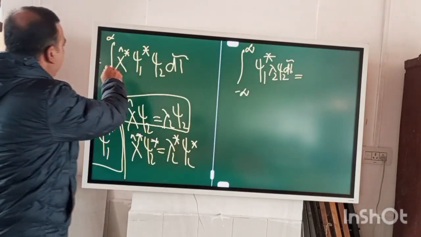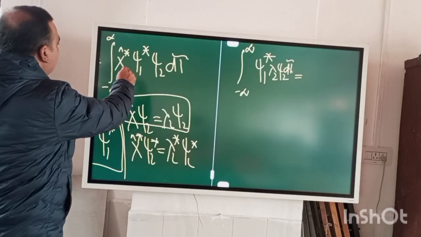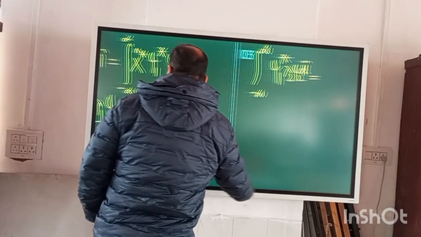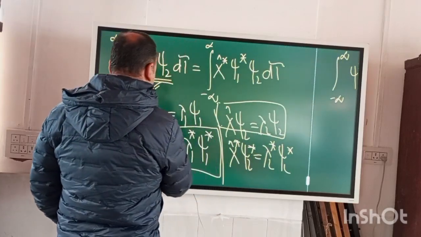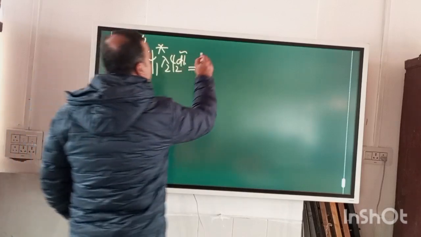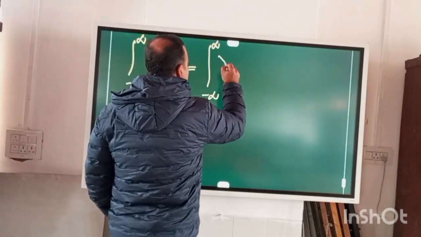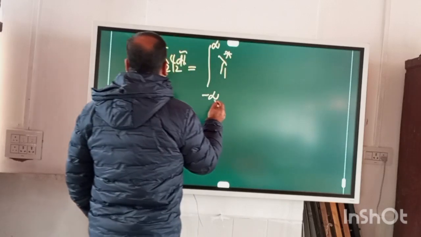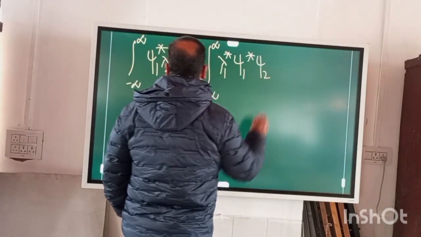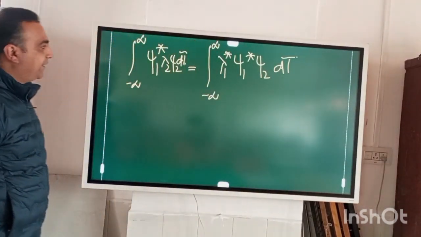For x cap star and psi1 star, we get lambda 1 star and psi1 star. So this is equal to the integral from minus infinity to infinity of lambda 1 star psi1 star psi2 d tau.